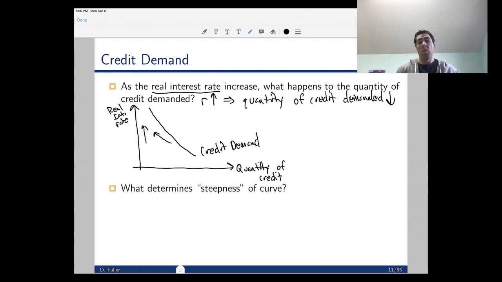Now, what determines how steep that curve is, how sensitive we are to changes in that real interest rate? Sensitivity to real interest rate. So I'll draw 2 different examples here.